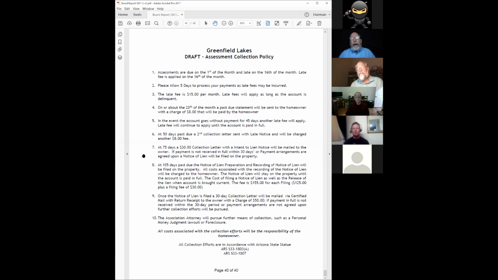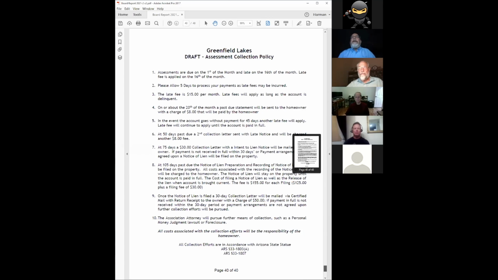When we talk about mailing to 785 homes, that's not an insignificant expense. So we would recommend that we put it in the statement, and it would not take effect until May 1st, because we'll give 30-day notice from April 1st. Is that acceptable? Yes. That sounds reasonable. That's what we'll do. Very good.